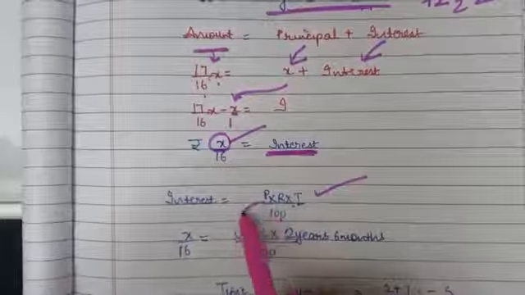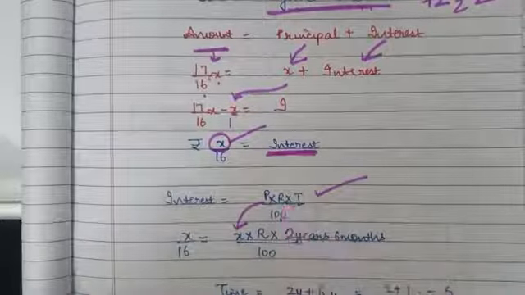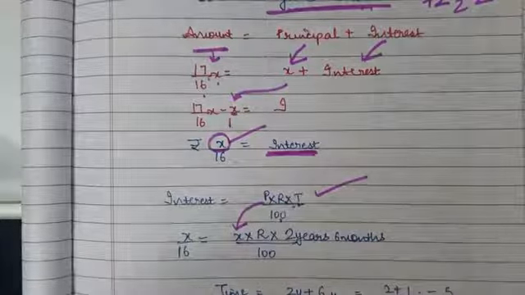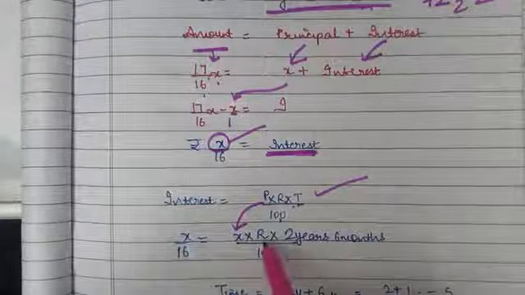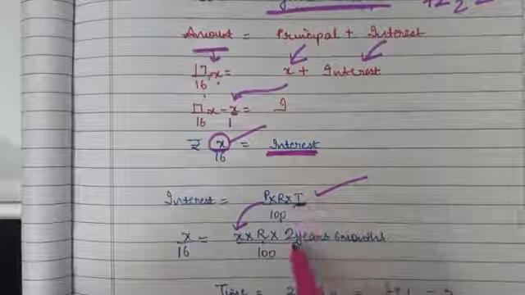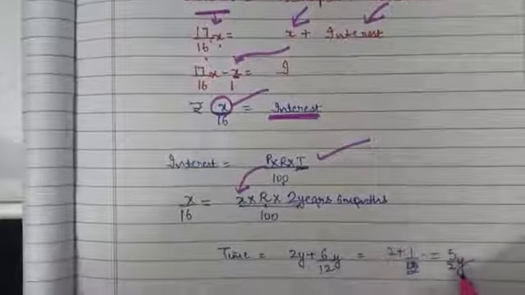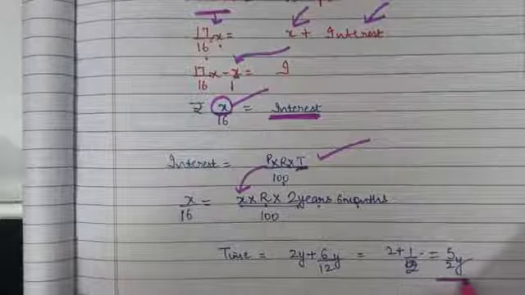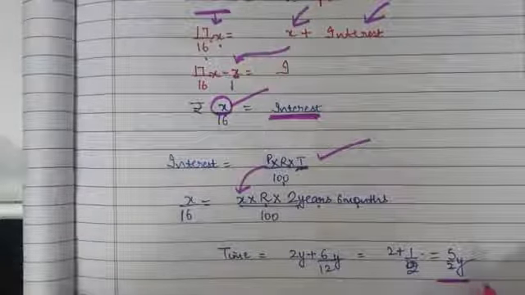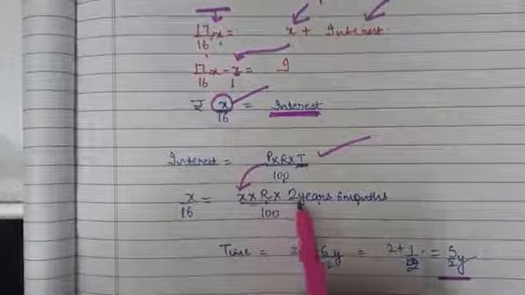Now what is principal? That is x. What is our rate of interest? That we have to find out, so let it be R only. What is time? 2 years, 6 months, which we have already converted, that is 5 by 2 years. Clear?